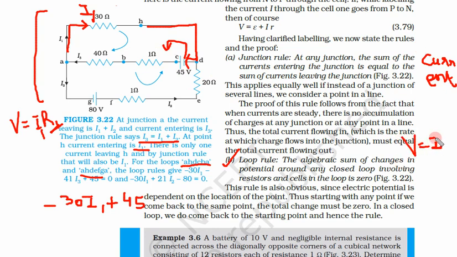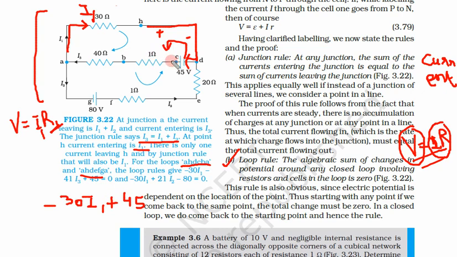So V is simply IR, so we write V directly, and any current with the multiplication of the resistance. So what do we get? Minus 30 I1. Then the potential is increasing, negative to positive, so positive.